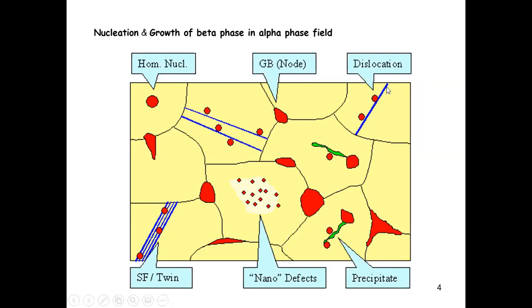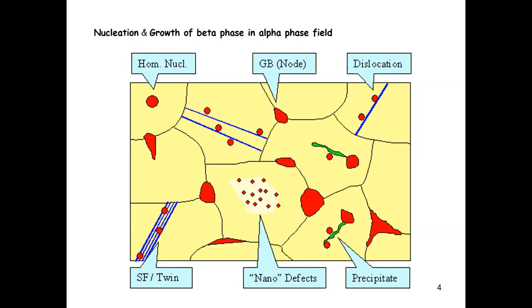You have dislocation lines, and you have layers of dislocations piling up to give you a twin boundary, and you have some other small nano defects, and you may have precipitates of other things. All these are defects in the alpha phase field, right? Clearly the most important defects are the grain boundaries, and all these defects can potentially interact with the beta phase and influence the nucleation of the beta phase.